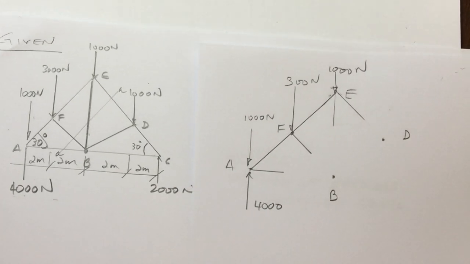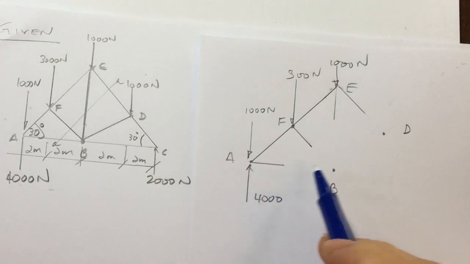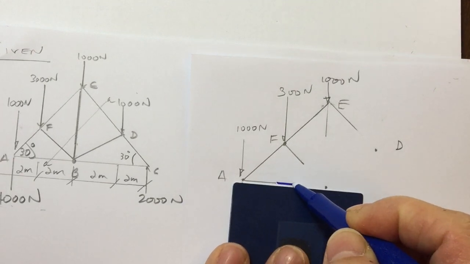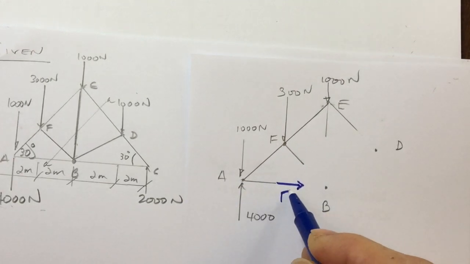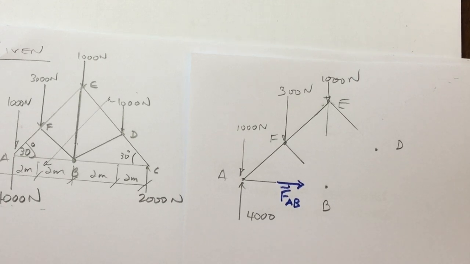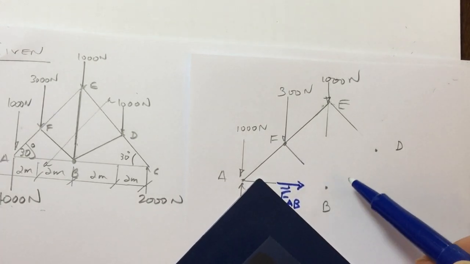And I am going to assume that member AB is in tension. So I'm going to draw a force like that. And I'm exposing the internal forces. And since it's sectioned, they now become external forces in this particular free body diagram.